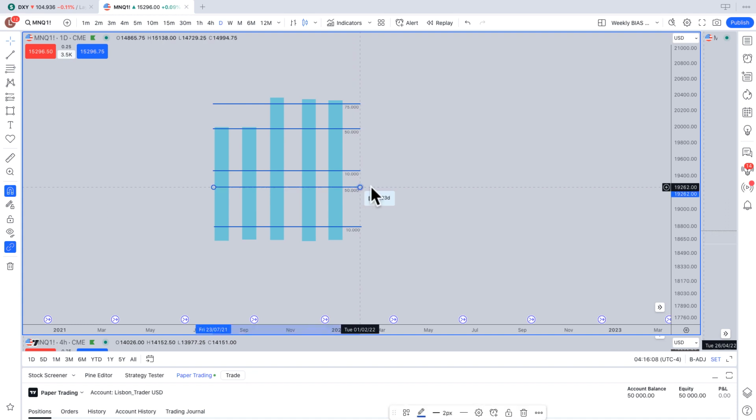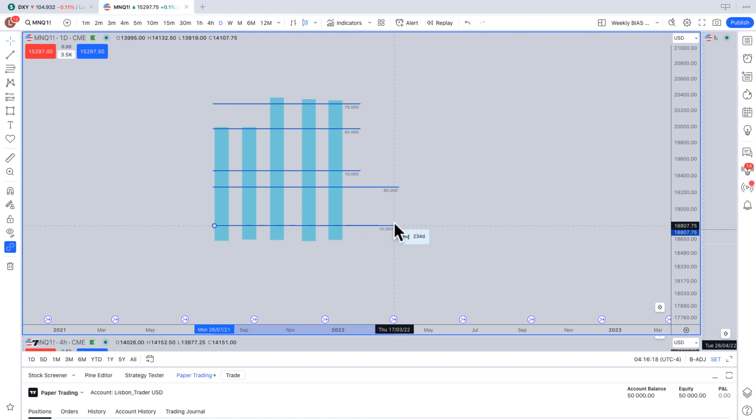So this is our initial balance, 50k. We'll be risking 20%. So this is risk not greater than 10k. So I'll be building up positions until I reach the 10k, then selling, buying, selling, buying, selling.